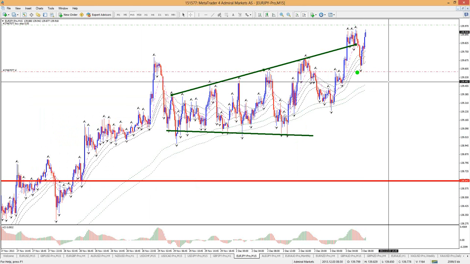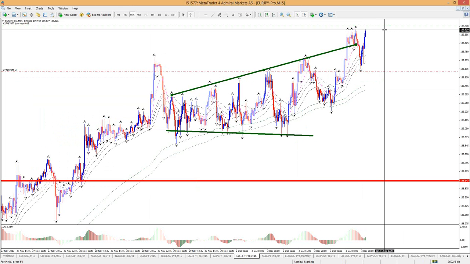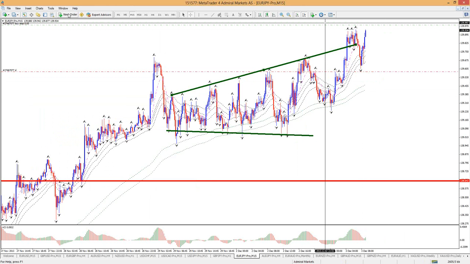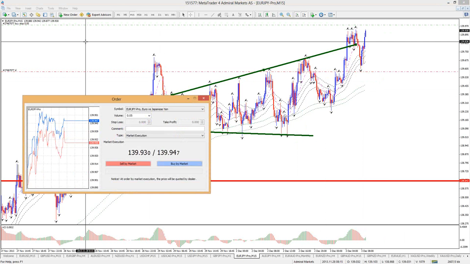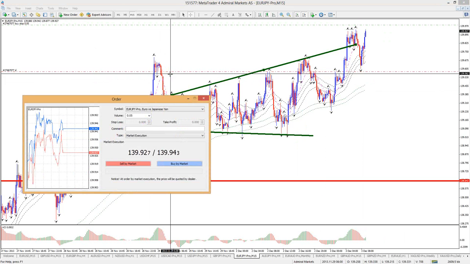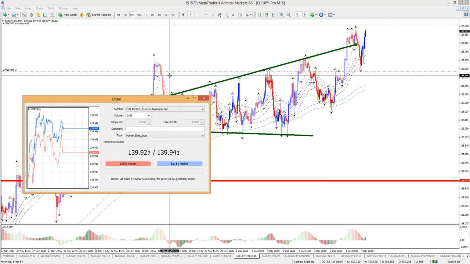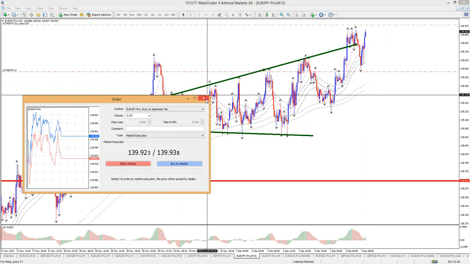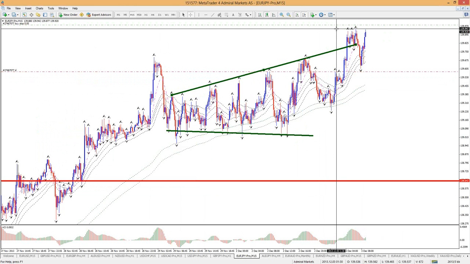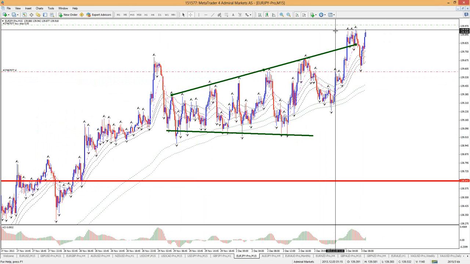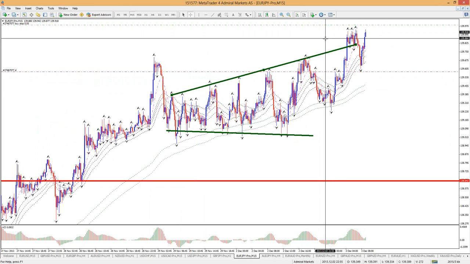Stop loss I'll put below this 15-minute fractal. The spread here is only 1.5 pips. So if you're trading and you have a bigger spread, take a look at Admiral Markets.